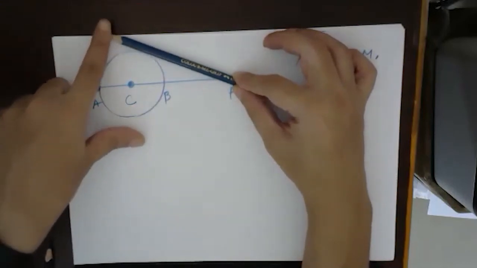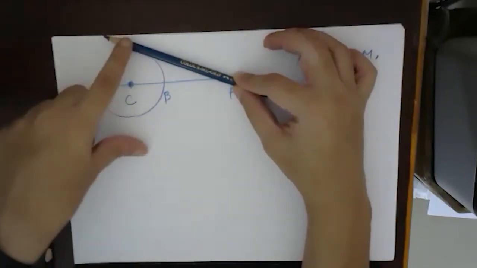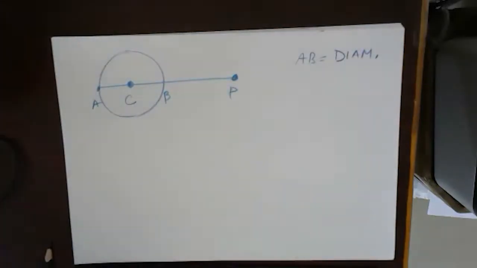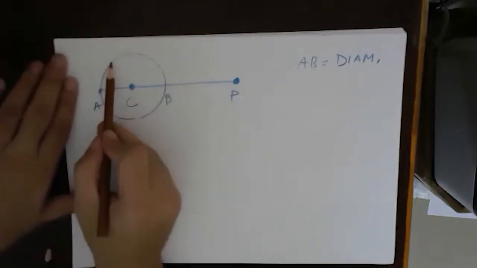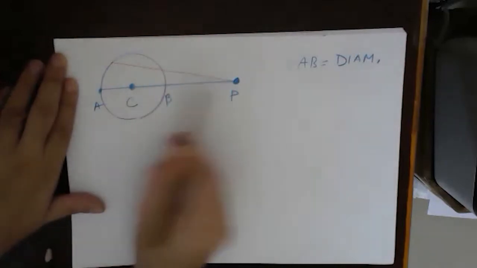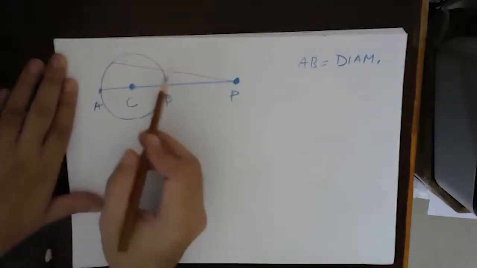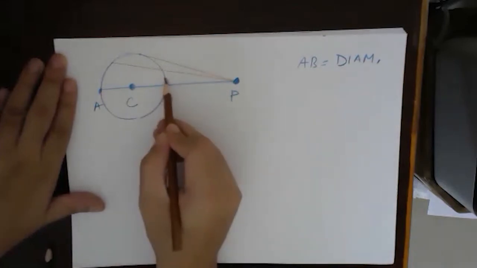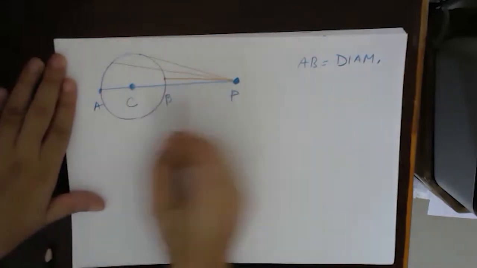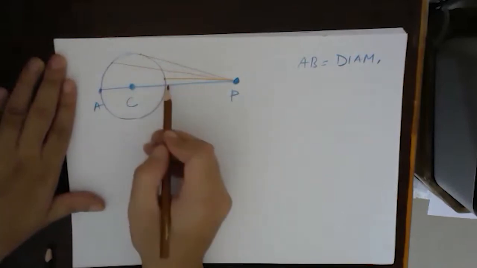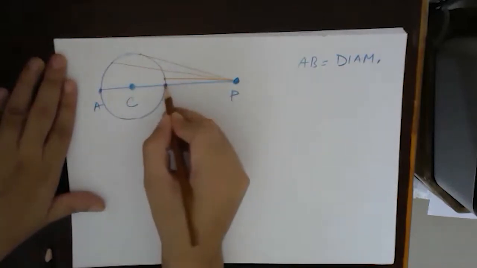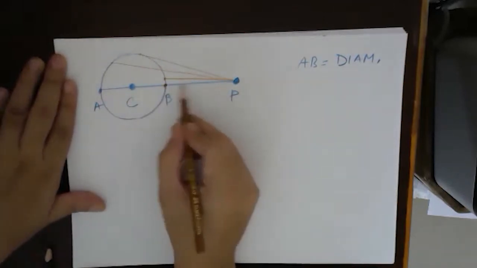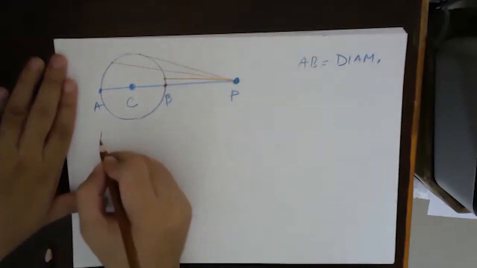If you take this point, this line is much shorter than this one. It will keep on reducing till which point? Till the point B. So this is the shortest distance.